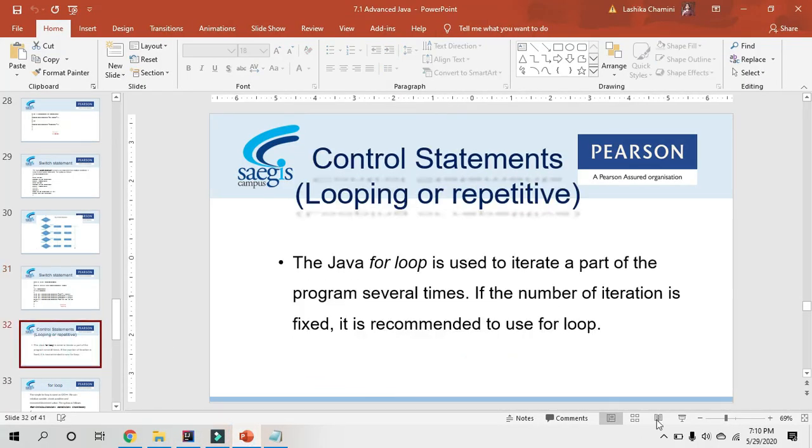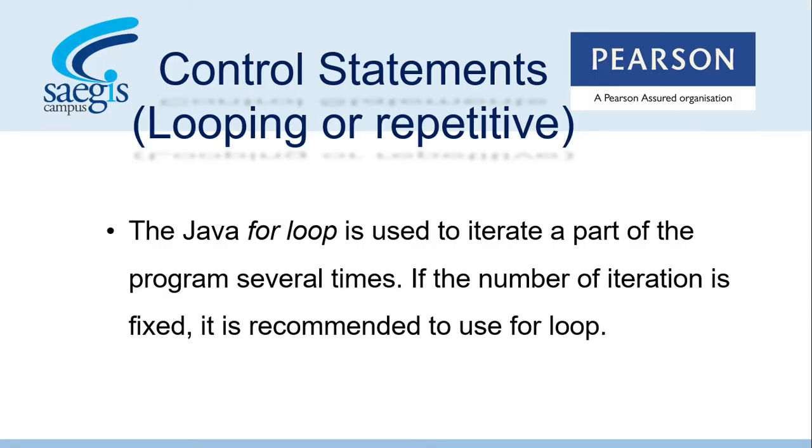And then we'll go and see the control statements for repetition. Here Java has the for loop. We can use this for loop if the number of times that the loop is going to iterate is fixed, because in the for loop we have all the variables fixed. So it is recommended to use the for loop if the number of repetitions is fixed.